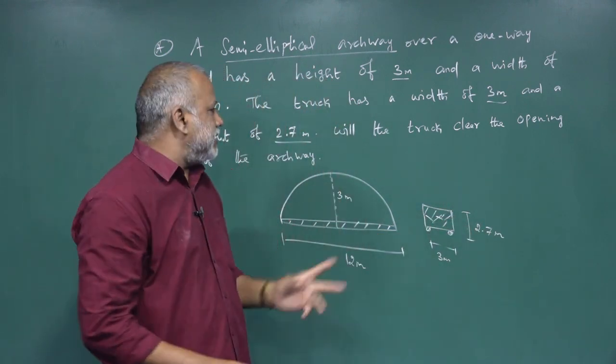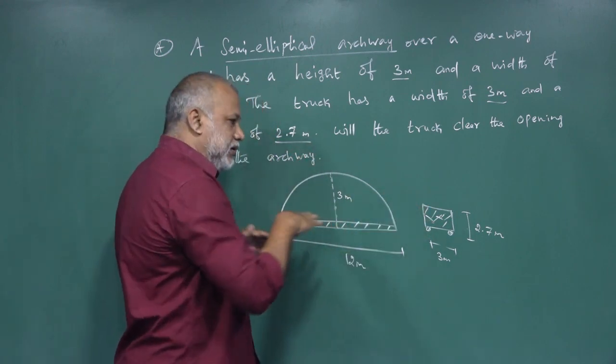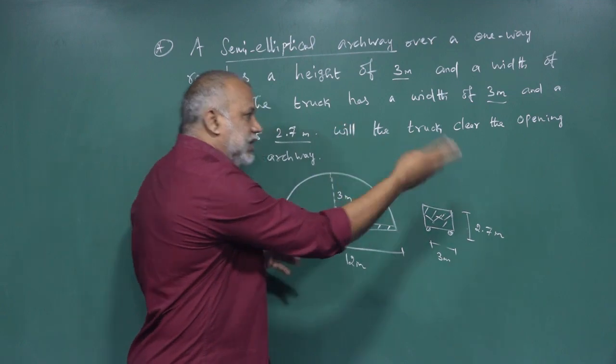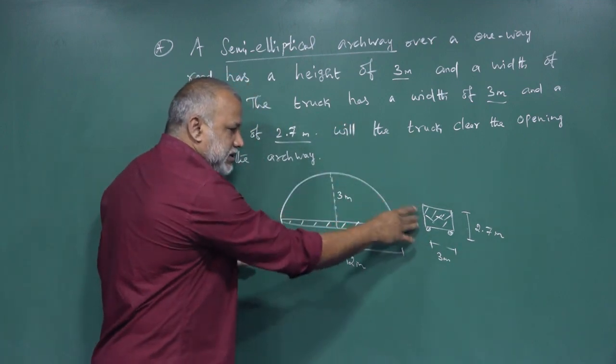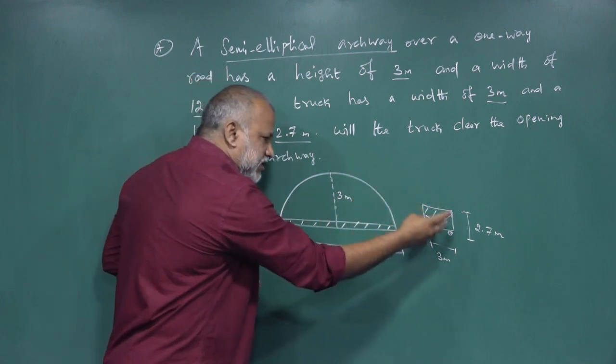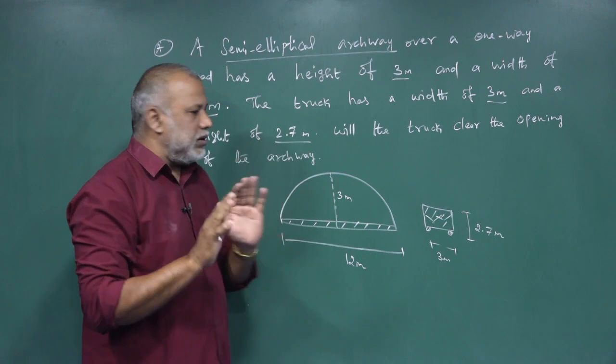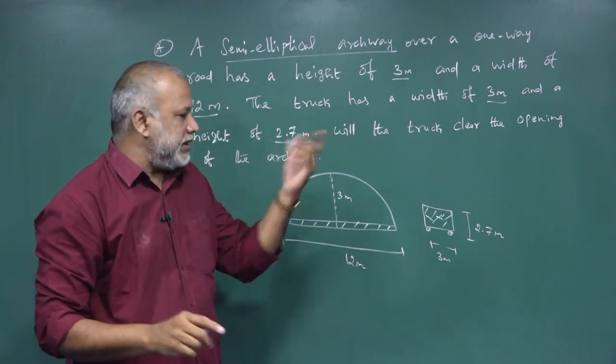The question asked is, this truck is passing through this archway. Will the truck clear the opening? This truck is going through this archway. Will the truck clear the archway or not? This is the concept they are asking.